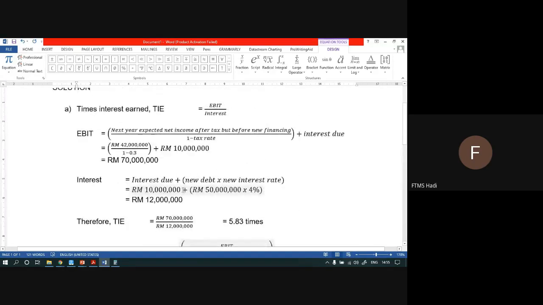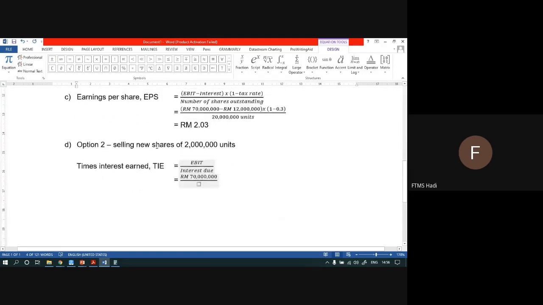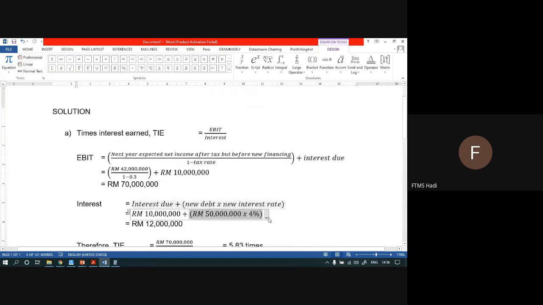Interest due, that means you just take this one only. Why didn't we calculate this one? Because, as you can see, the earlier question is related to new debt, but question D doesn't say anything about new debt; it is about selling new shares. So you don't have to put new debt multiplied by new interest rate.